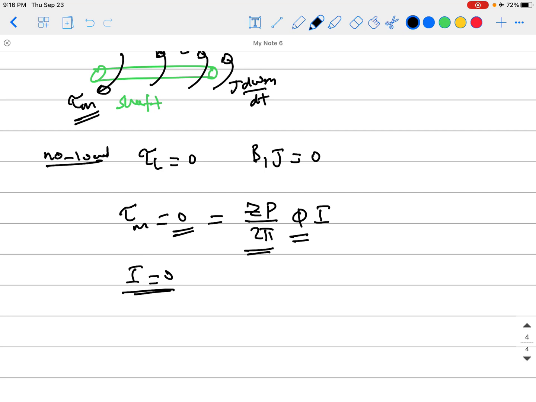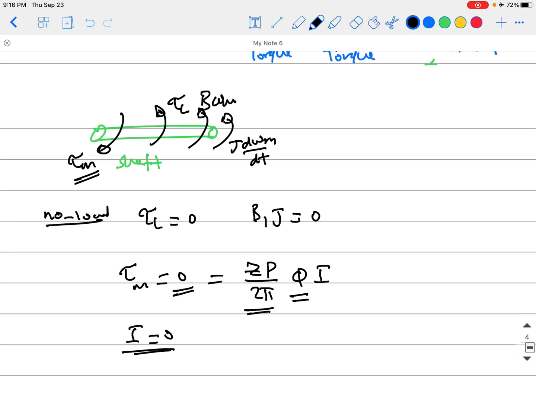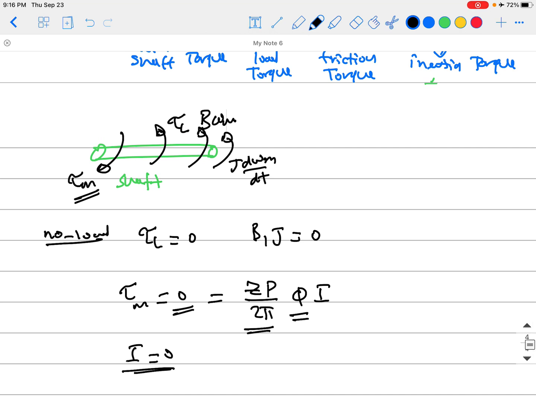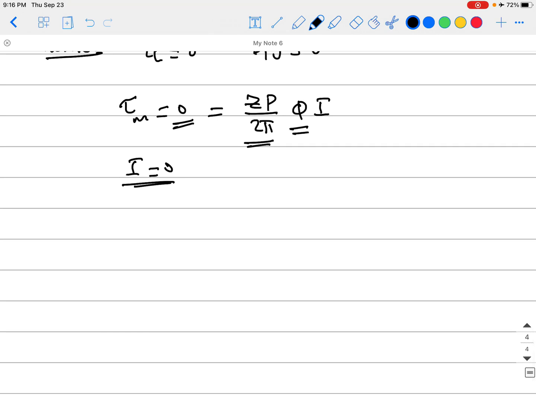It's not realistic again, guys, because even if there's no load attached to the motor, there'll still be some friction and inertia, but we just assume they're 0. They are not exactly 0, but they're very, very small, so we're just ignoring them. In a realistic application, they have a value, but it's very small. So if there's no load, the current will be 0.